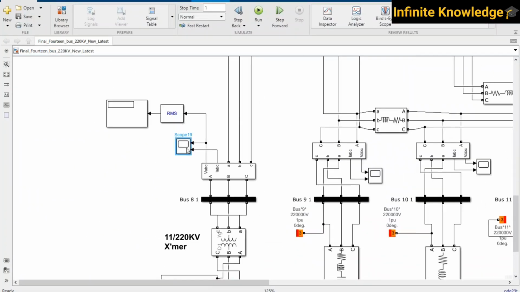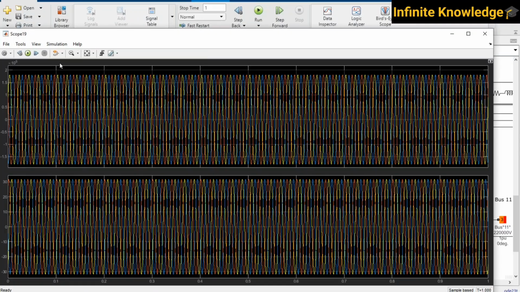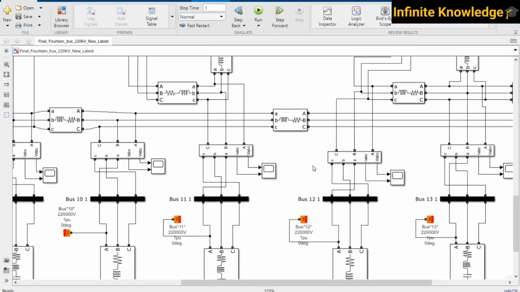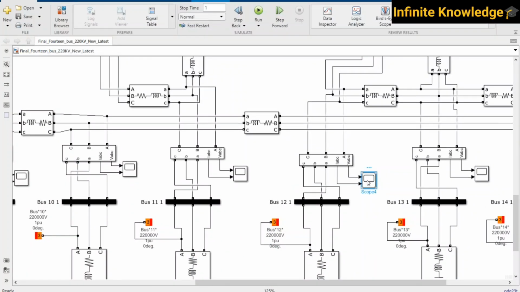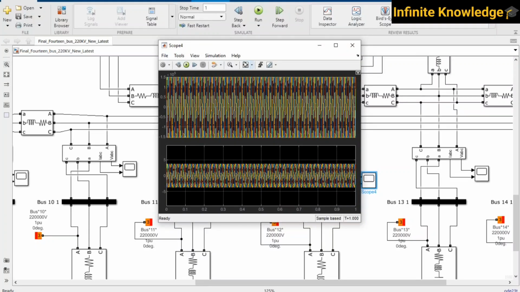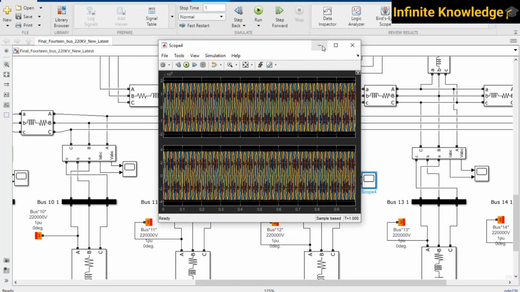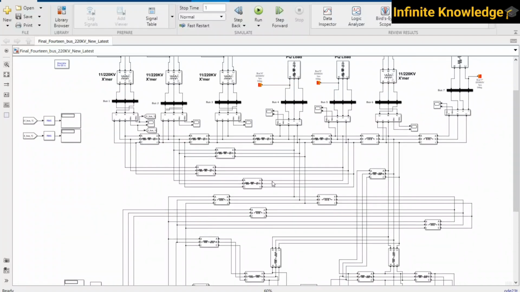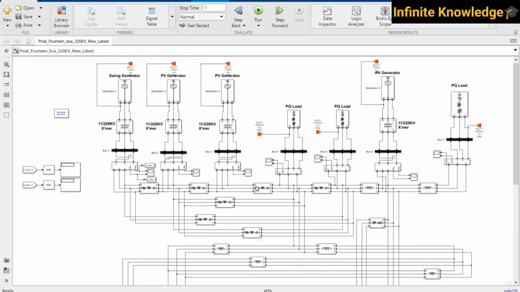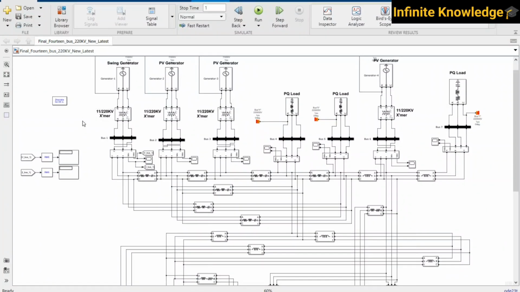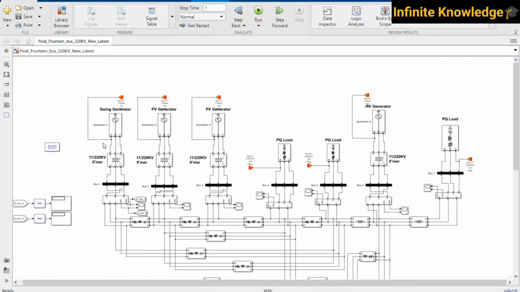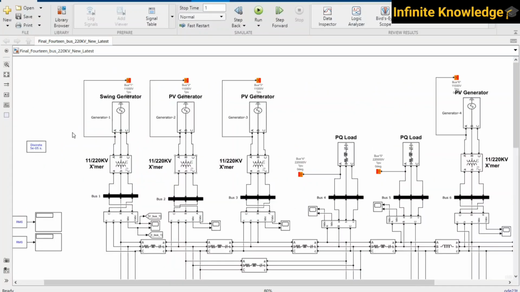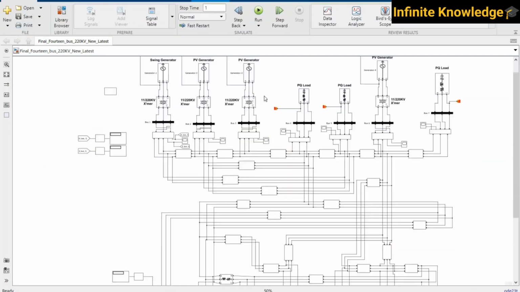And if you want the waveforms, you can check at any scope. I have added a scope for every bus, and there is a very clear sine wave at every stage. I can say this system is working satisfactorily at 220 kV. This is a step-up system with different generators located in the power station.